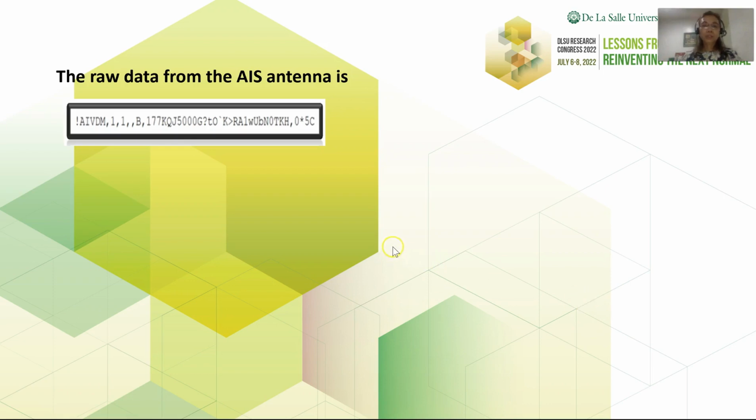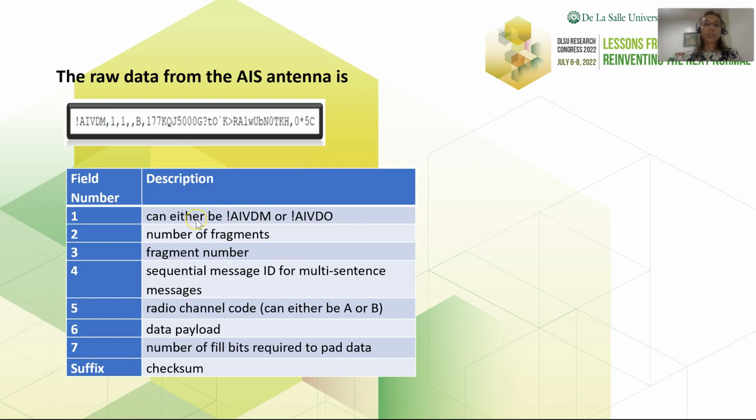Okay, so this is the raw data from the AIS antenna. If you're going to look at it, it's useless information. There is a need to decode this, and fortunately, the PuTTY program in the laptop is the one that decodes it to this format. So we found a paper that shows how to decode this message here.